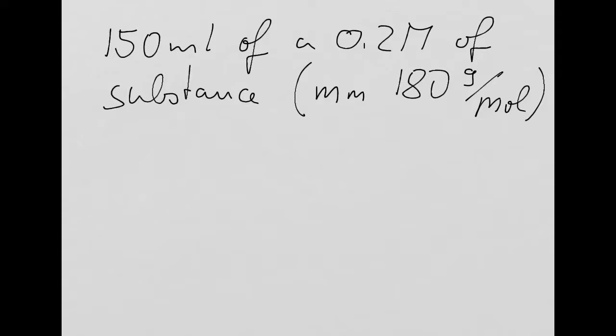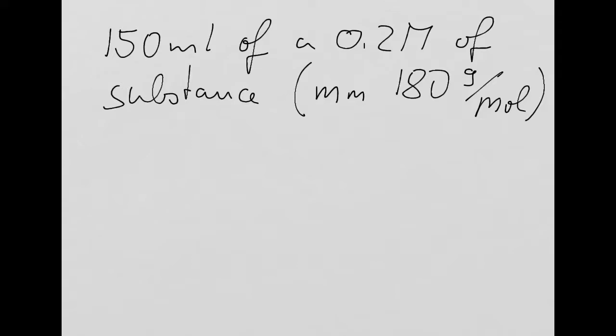I'll give you a couple of minutes to think about a strategy, how you would do that. That's the way that you probably are most familiar with, and then I show you a shortcut. Okay, we want to make 0.2 molar.